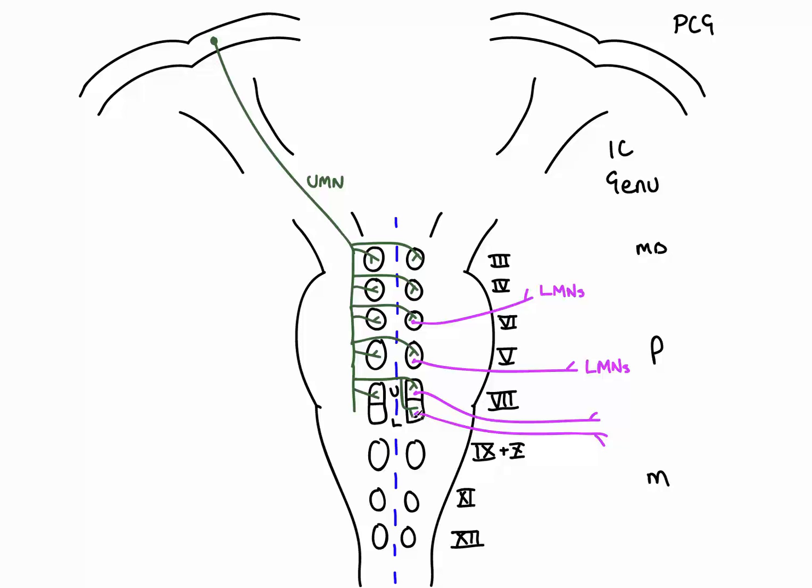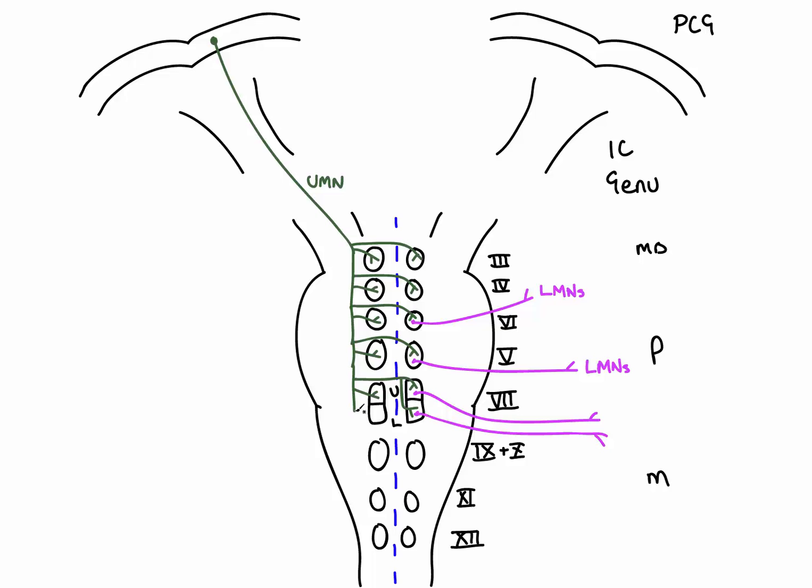It does not receive innervation bilaterally. So we have bilateral innervation for the upper portion of the facial nucleus, but we only have contralateral innervation for the lower portion. And this is really quite important when we think about facial paralysis. We'll deal with that in a subsequent video.